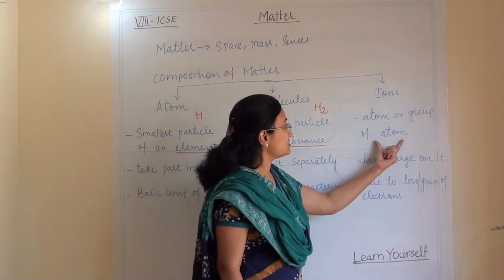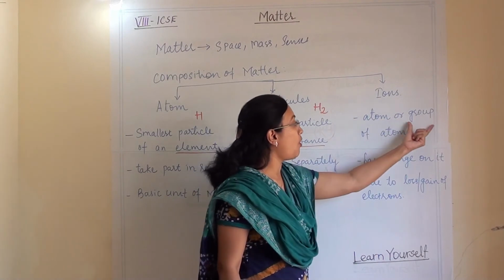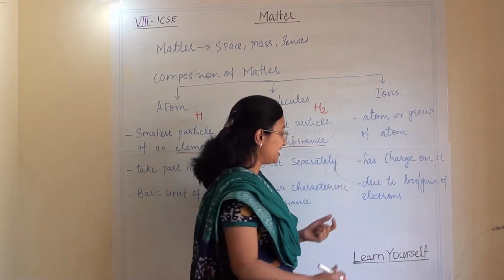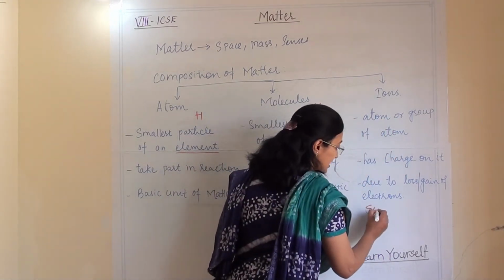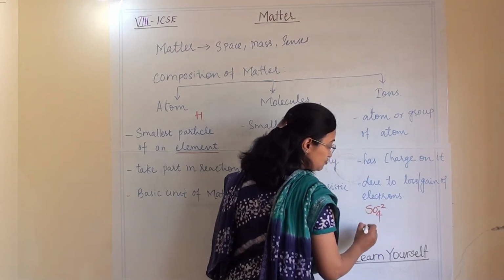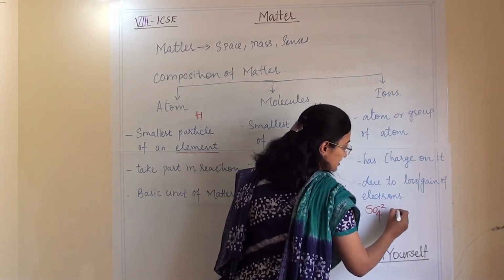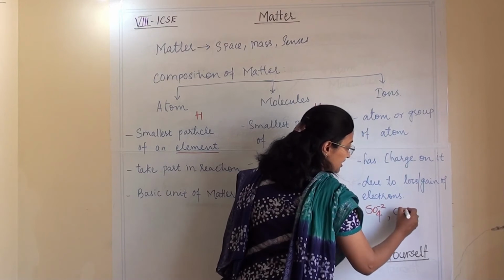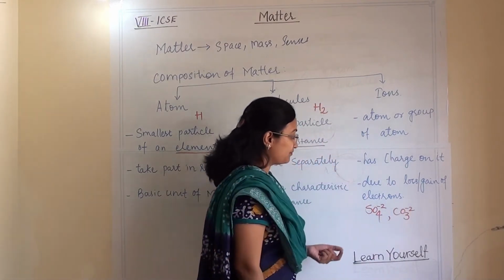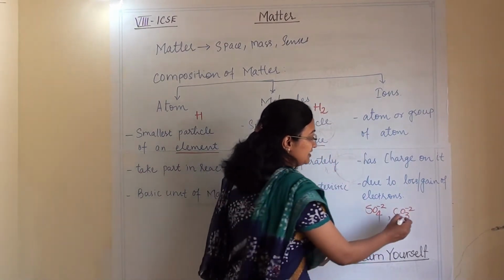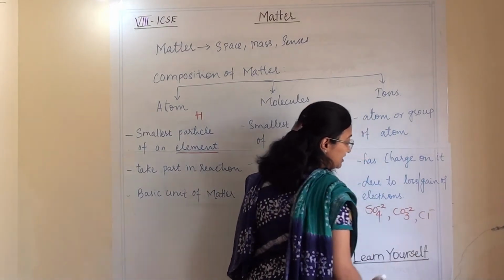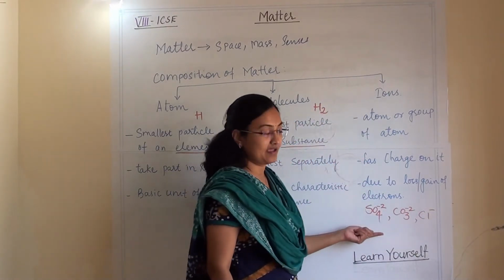Coming to ions, they are an atom or group of atoms. For example, SO4 minus 2, CO3 minus 2, then Cl minus. These are all ions.